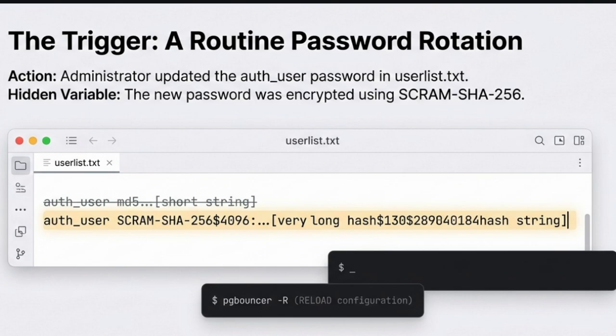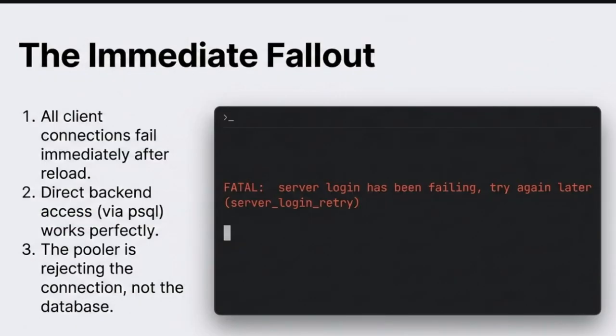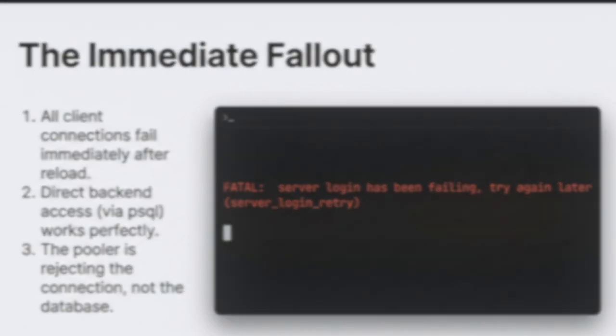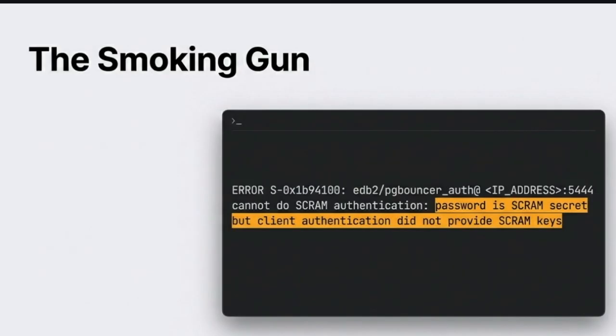After that, they started getting connection errors, which means server login has failed, try again later, and the pooler was rejecting the connections. This is the scenario in the pgbouncer logs.